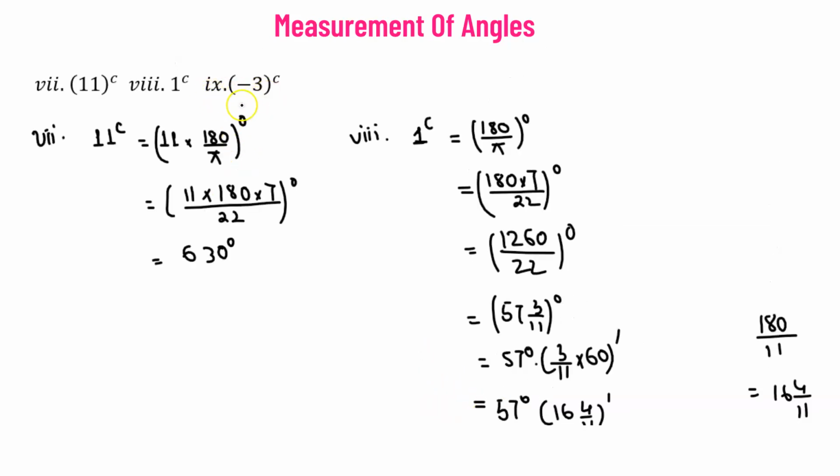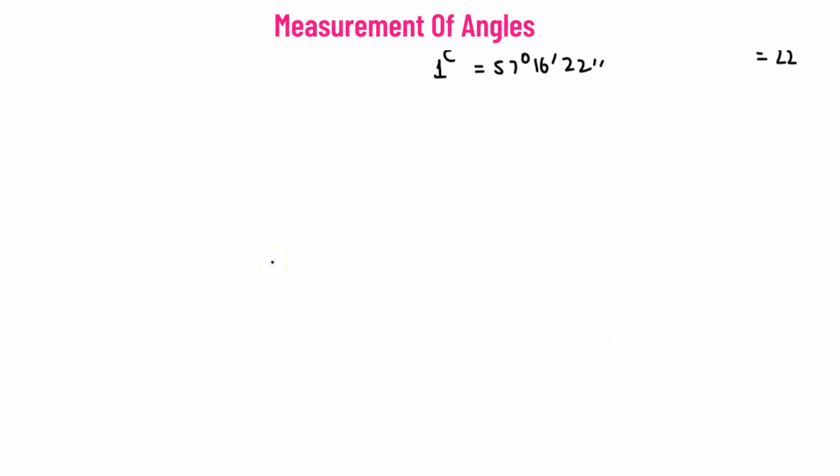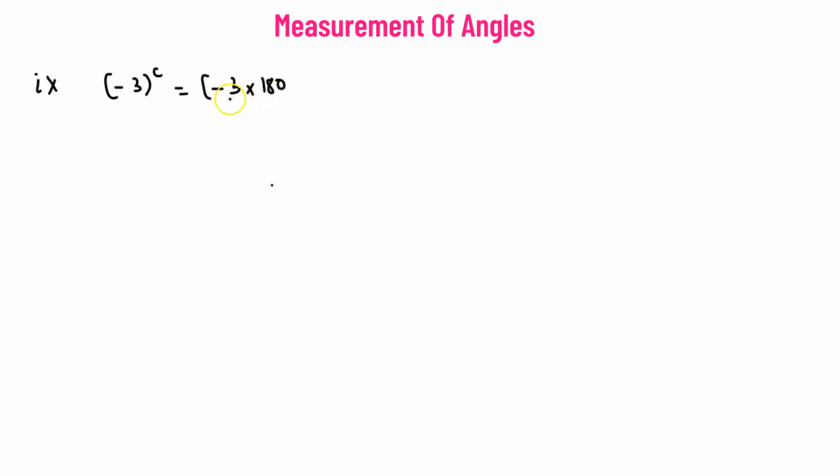Now coming on to the final problem, we have -3 radians. So let's find out the value of -3 radians. Number 9, so we have -3 radians, which will be equal to -3 multiplied by 180 divided by pi. So this gets converted to degrees. Or we have negative of 3 times 180. We will replace pi with 22/7.